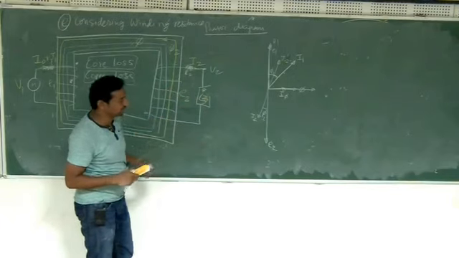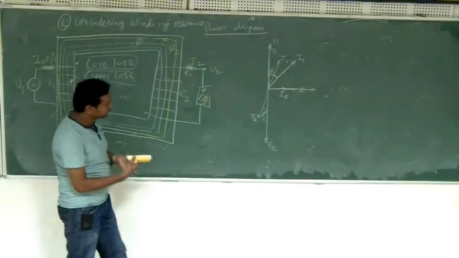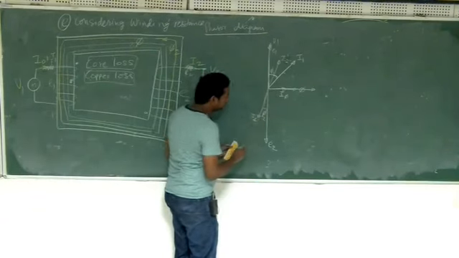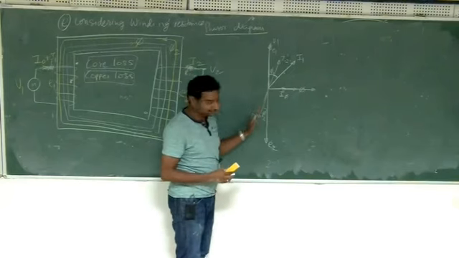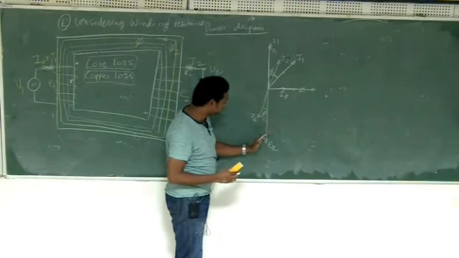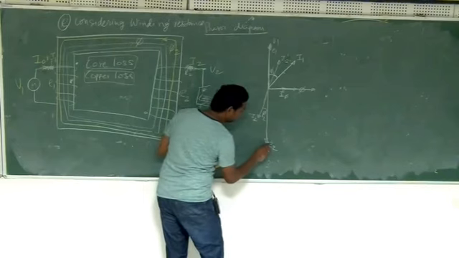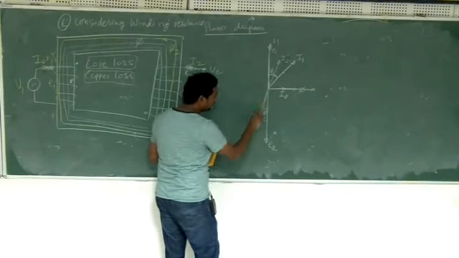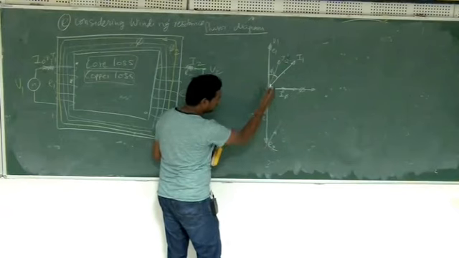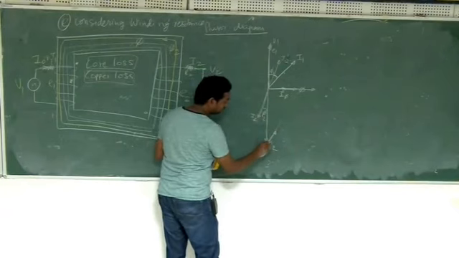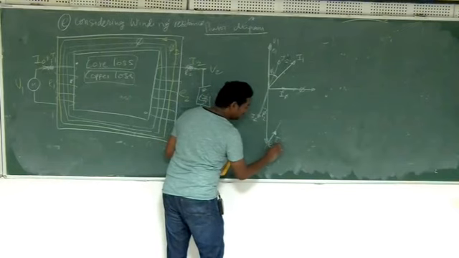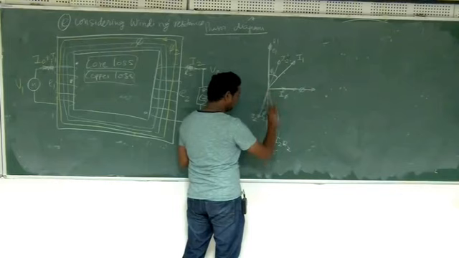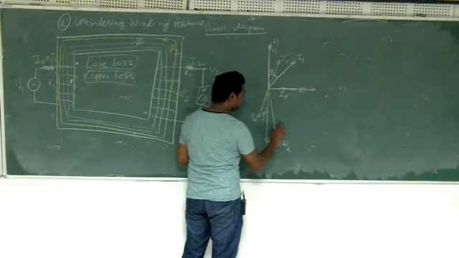So where is V2 in this diagram? See, this is I2, so the I2 R2 drop will be in phase with this. That one you have to subtract. Let's say you subtract it like this. These two lines are parallel, I2 is this way, the voltage drop is this way, I2 into R2. Then this is V2.